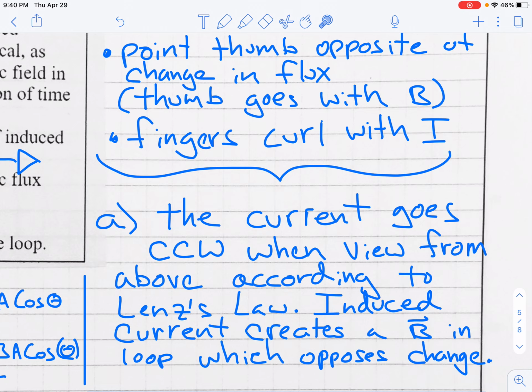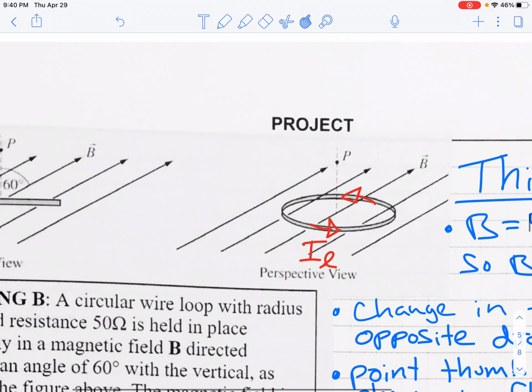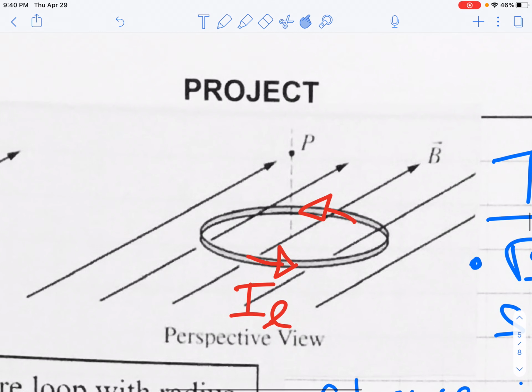This magnetic field is growing smaller. So the current in the loop wants to create a magnetic field in here, prevents that from changing. If you curl your fingers in this direction, which way is your thumb point? Towards B. But B is getting smaller. A new magnetic field pointing the same way would prevent it from getting smaller. That's the idea.